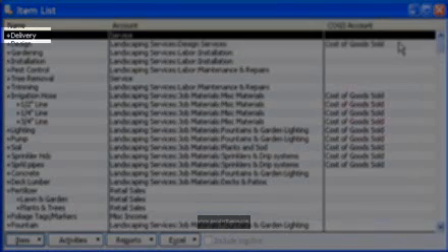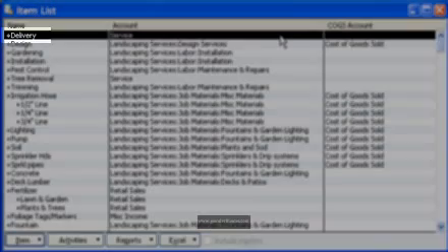Now let's look at this item here called Delivery. Notice that it's pointing to a revenue account called Service. Also notice that there is no COGS account for this item. That means that one was not chosen when the item was set up.